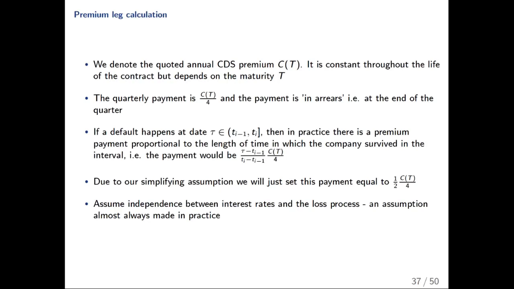With this assumption, in practice, what would happen is that if there was a default between two payment dates, the protection buyer would still owe the protection seller a payment which would accrue with the time horizon between dates. However, if we assume that the default always happens in the middle between the two dates, this accrual factor will be equal to a half.